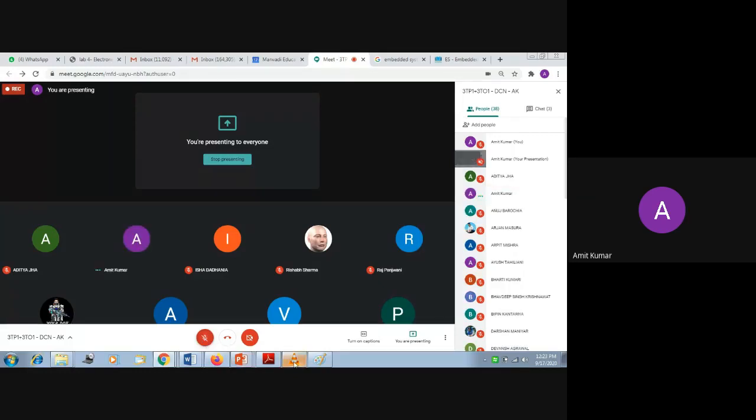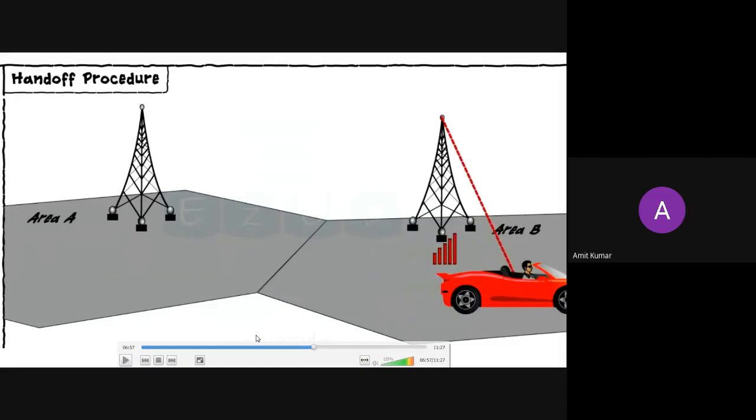Now here, if you see, there are two types of handoffs. So if at the boundary we are at a certain condition, like if we are crossing from area A to area B, so if area A antenna is there and area B, as you cross into area B, if area A antenna loses its strength or loses its signal, then that is known as hard handoff.